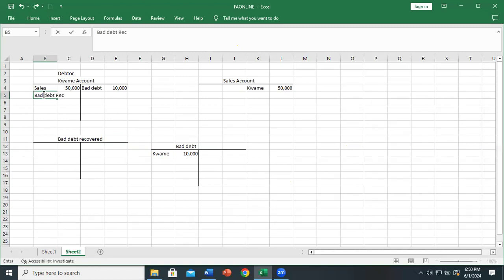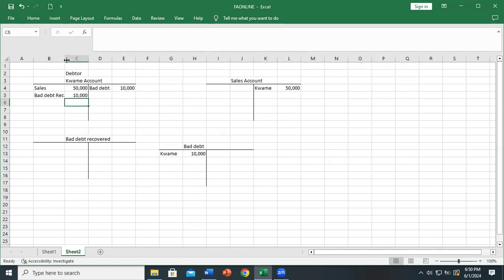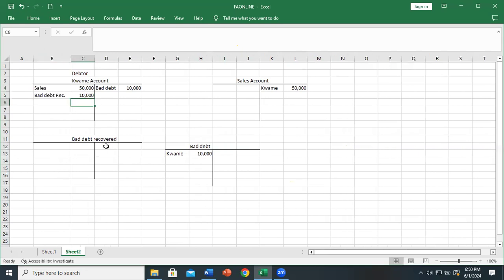And when I finish, I'll show you why we are doing these debits and credits there. Okay, 10,000. And you are going to credit bad debt recovered with Kwame, as in the debt that has been recovered.